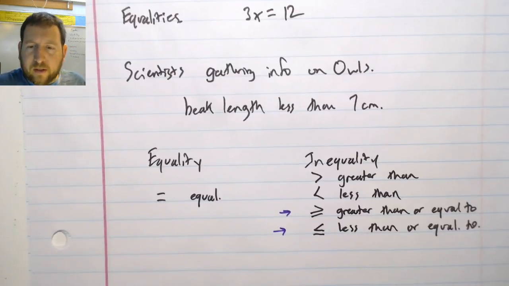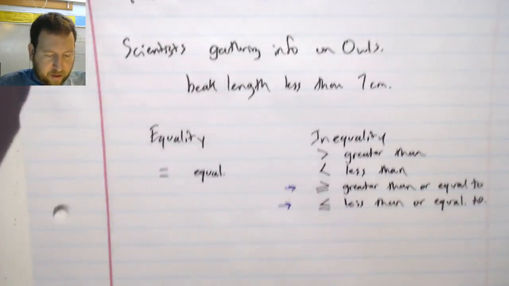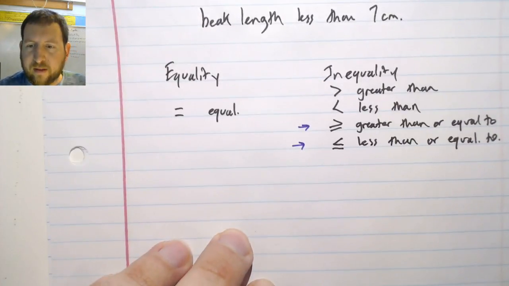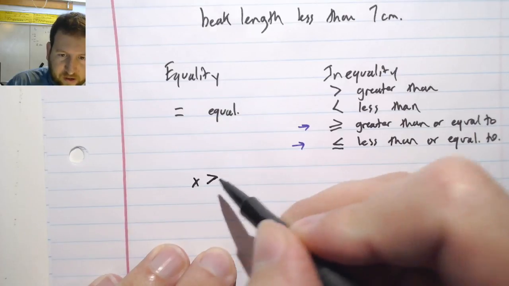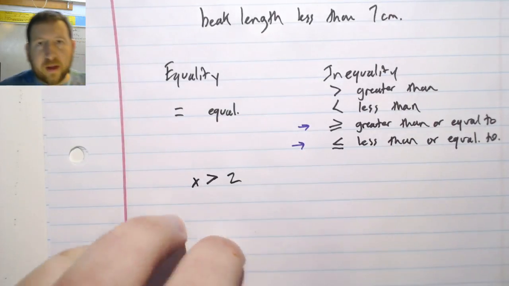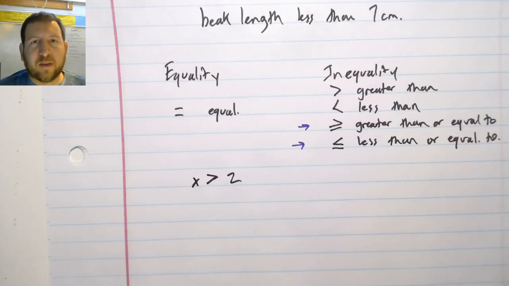All right, so let's take a look at a quick example. If I was going to write this out, x is greater than 2. If I was going to list out the solutions to this problem, it could take forever, right?